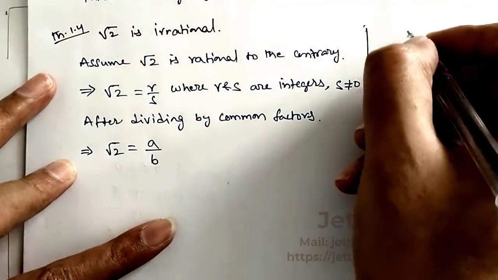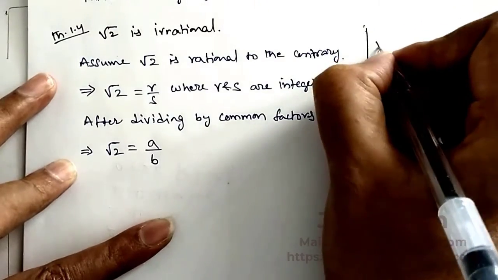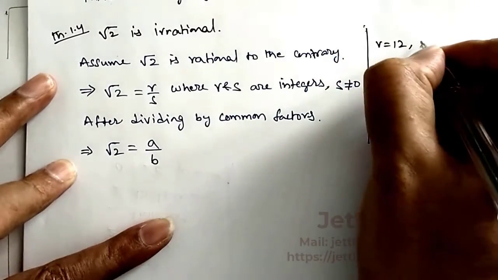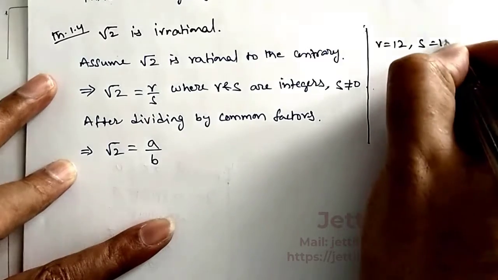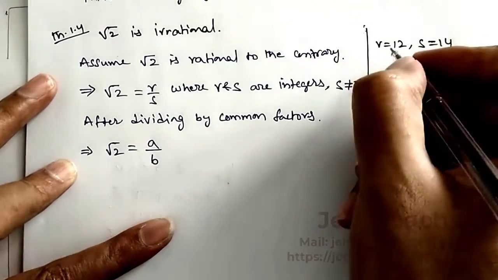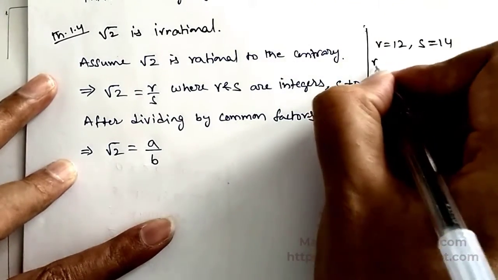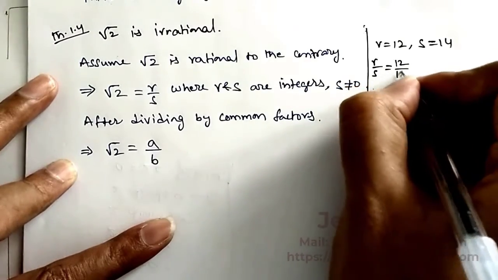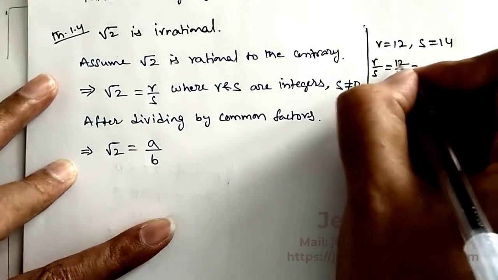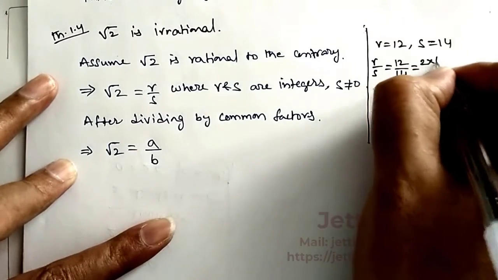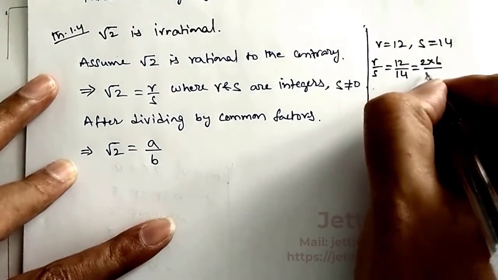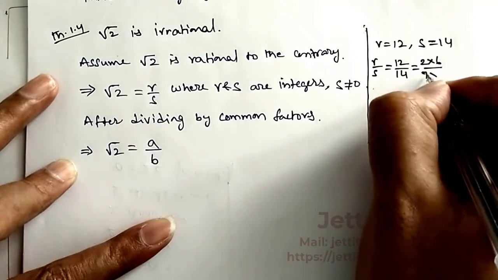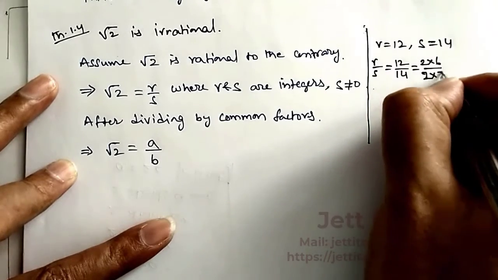Consider r is 12, s is 14. You can find r by s. 12 means 2 into 6, 14 means 2 into 7.